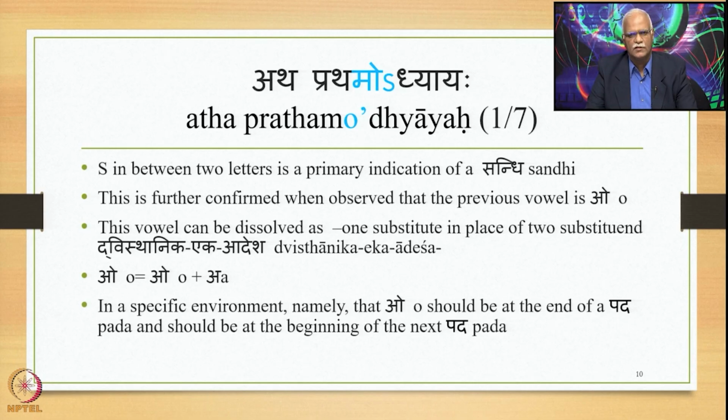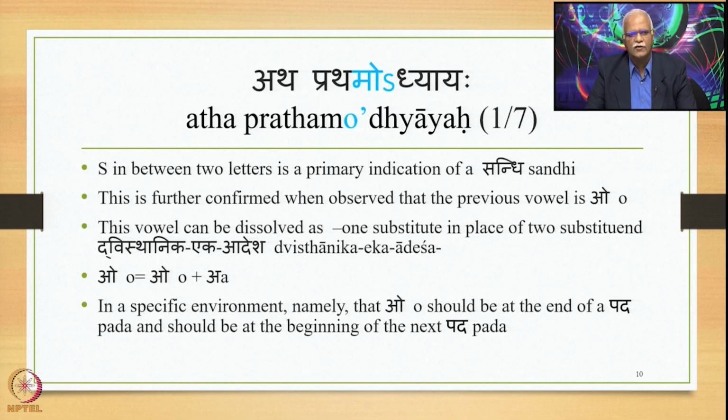One simple clue provided in the printed edition in this case is that there is an S in between two letters. This generally wouldn't happen. When S is put in between two letters, that is a primary indication that there is a sandhi over here. This is further confirmed when observed that the previous vowel is O in Prathamo.